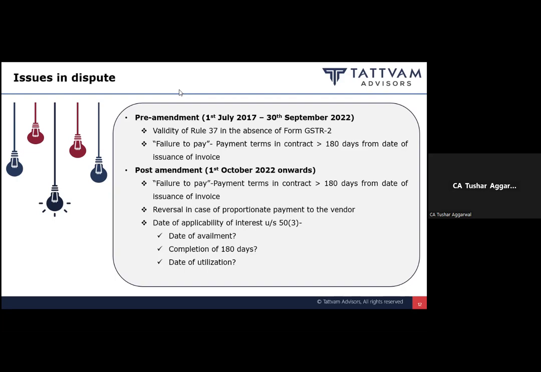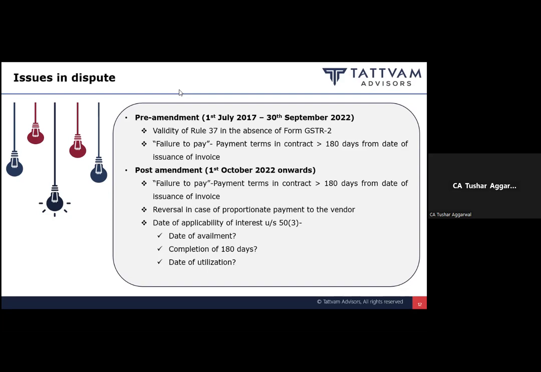But just food for thought, which I want to discuss with all of you. Section 50 talks about when interest will be levied when ITC is wrongly availed and utilized. The words used are wrongly availed and utilized. Please tell me, in the month of March 2023, when you utilized this credit, was it a wrong utilization?